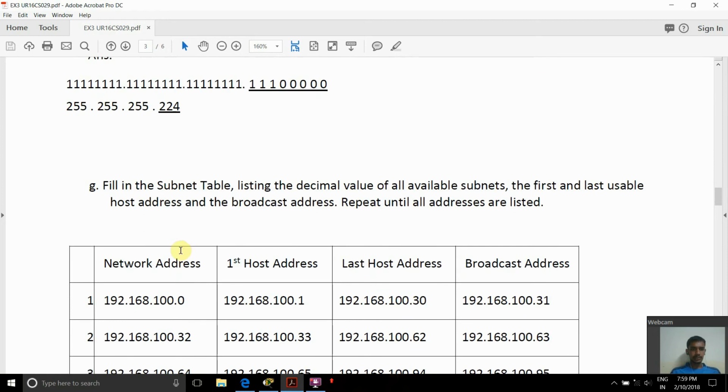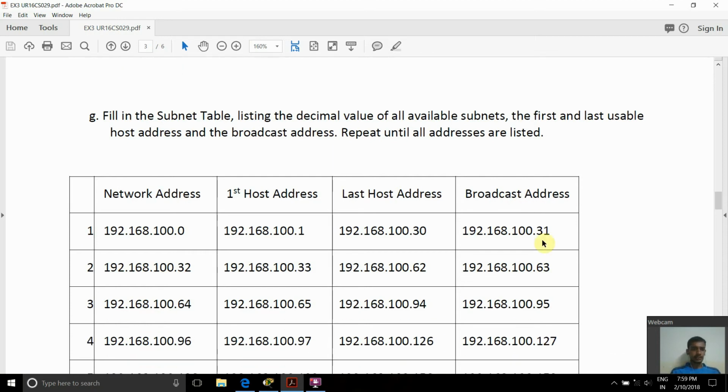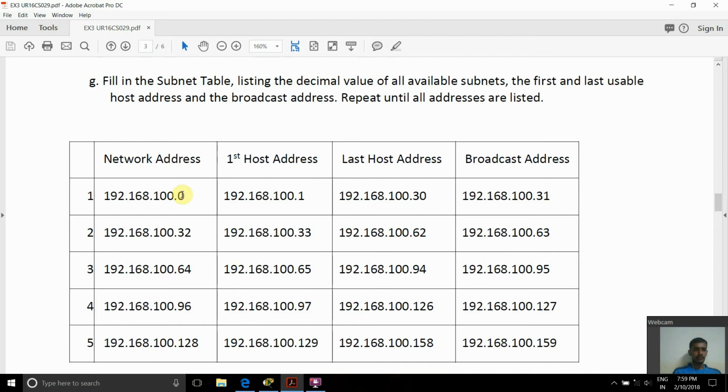Then the next one is fill in the subnet table. They're asking us for the first host address, last host address, and broadcast address. So for the network address, there are 32 networks. There are 32 hosts in each network. So the first one will have 0 to 31. Next one will have 32 to 63, and so on like that.